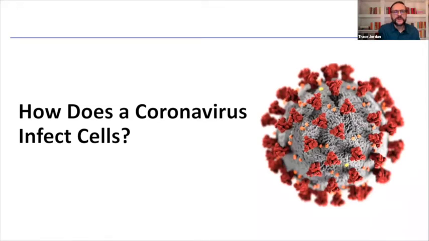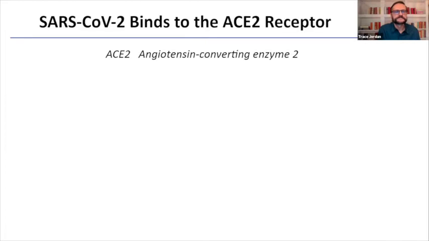Let's now look at how a coronavirus infects cells. In order to infect a cell, SARS-CoV-2 has to find a point of attachment to the cell. And it does that by binding to a protein called the ACE2 receptor.